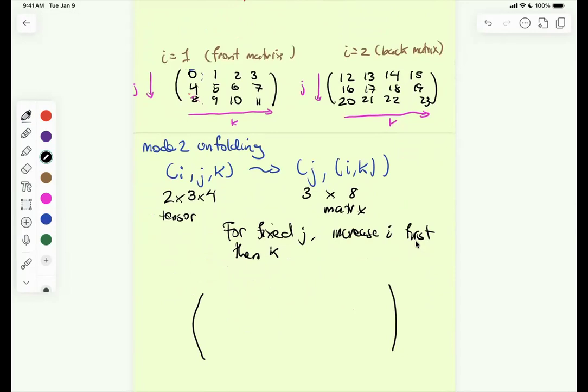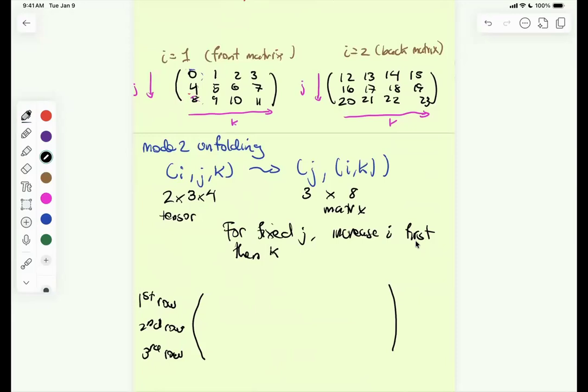The J becomes the first index, so it's still a row index. There were 3 rows, so this is the stuff that appeared on the first row, the stuff along the second row, and the stuff along the third row.